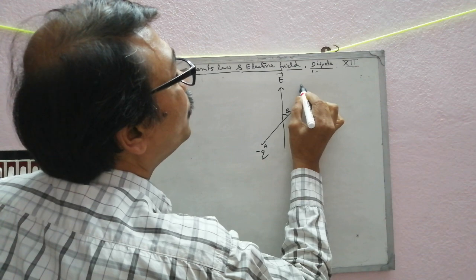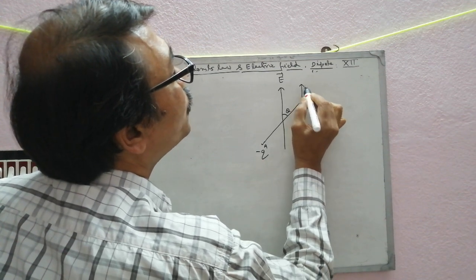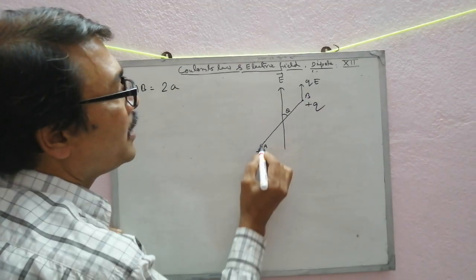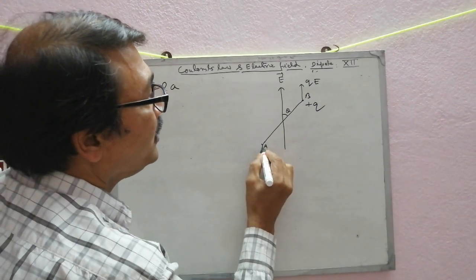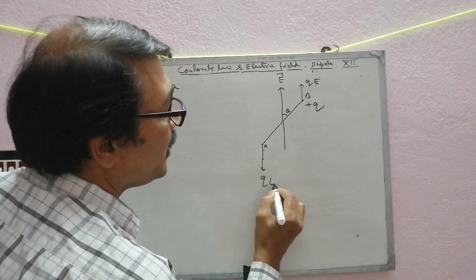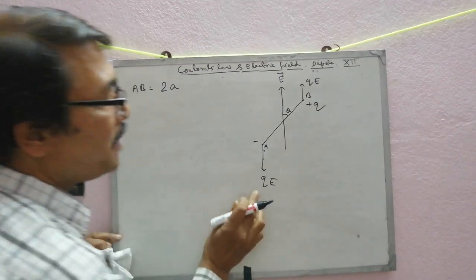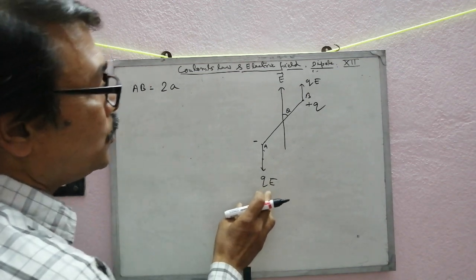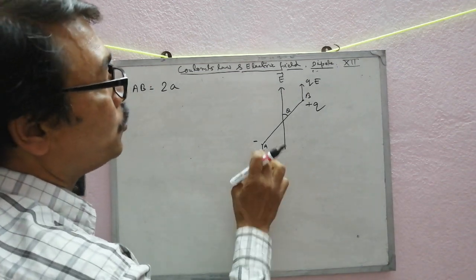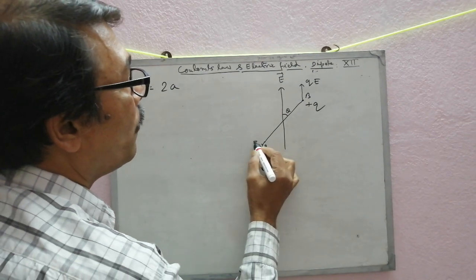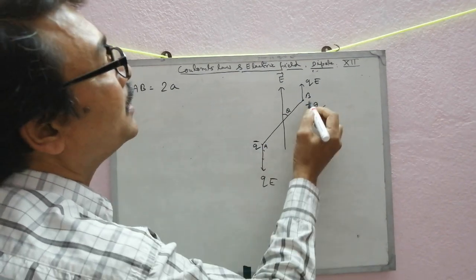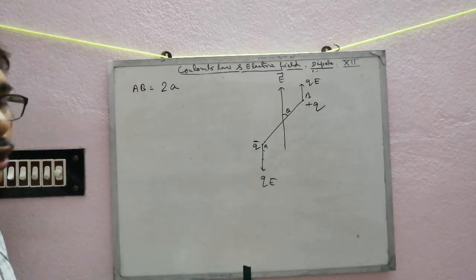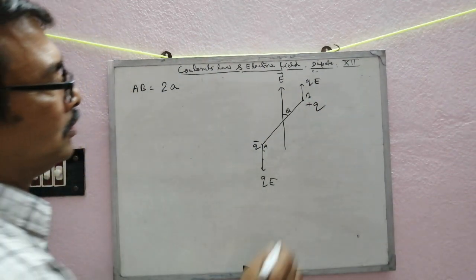The force on this point charge is QE and the force on the other charge is QE, where E is the electric field and Q is the charge. According to Coulomb's law, we know Q1 Q2 by R square. The total force, due to the minus Q charge and the plus Q charge, gives two forces that are equal and opposite. So they produce a torque.